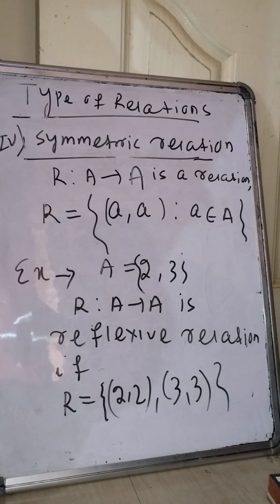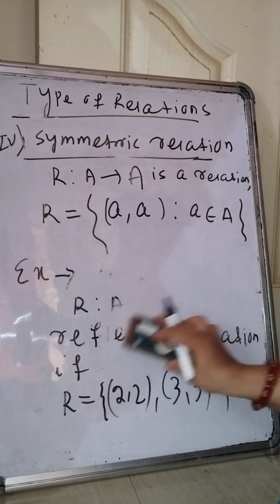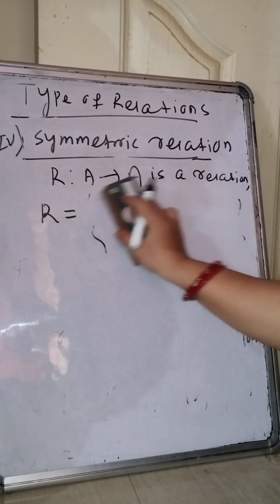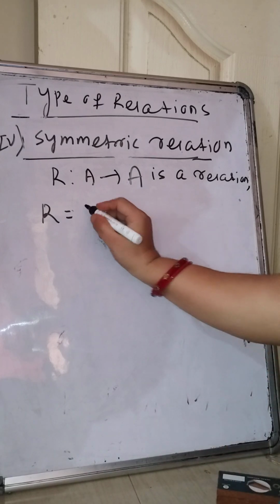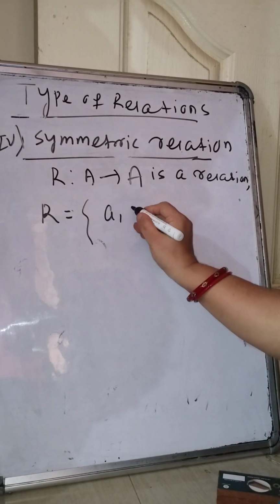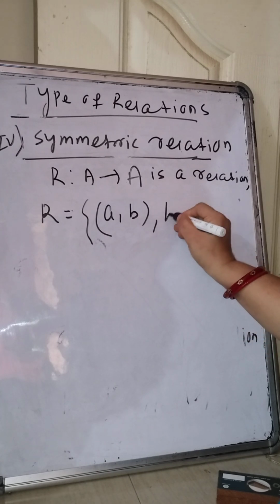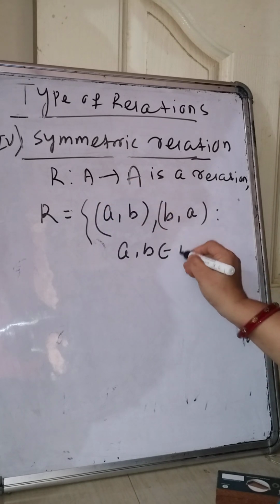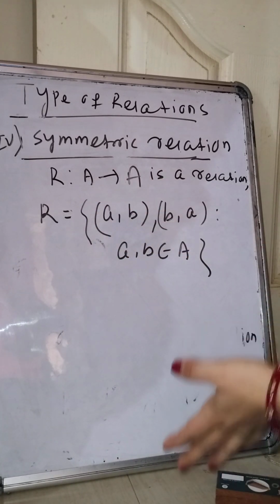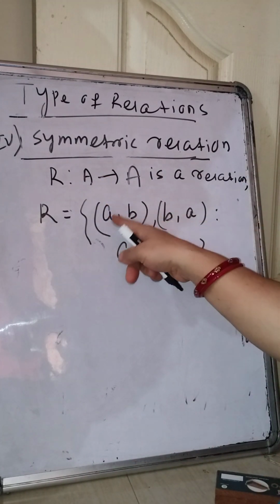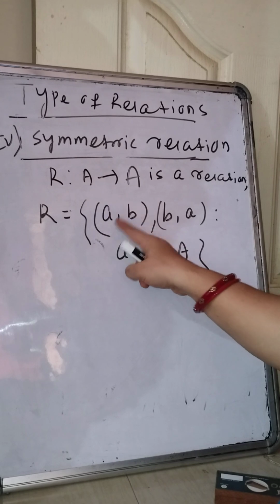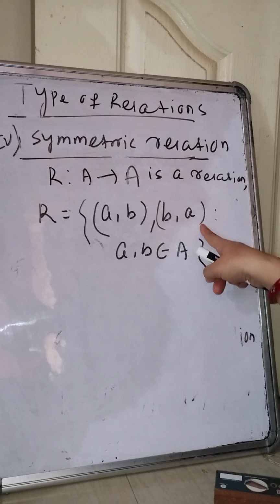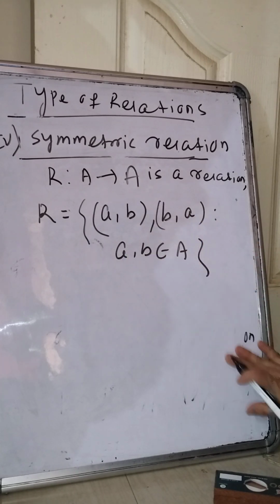Symmetric relation means if R from A to A is a relation, then in case of symmetric relation, the relation will take this type of ordered pair: if A is related to B, then B is also related to A. Such that this A, B belongs to set A, because we are considering a single set, so both the elements are from this set A. If an ordered pair AB is there, so A is related to B, and at the same time the ordered pair BA is there, so B is related to A, then you can say this type of relation is symmetric.